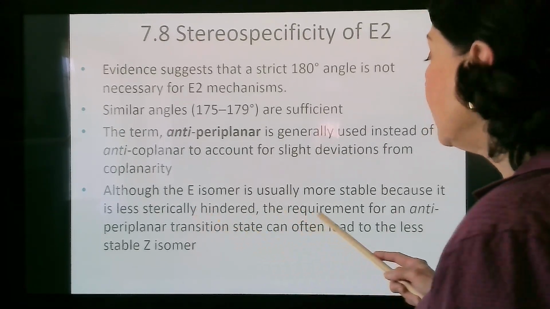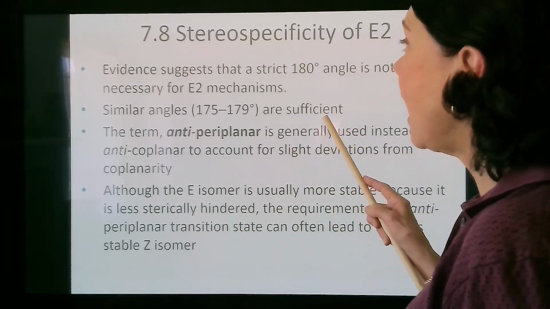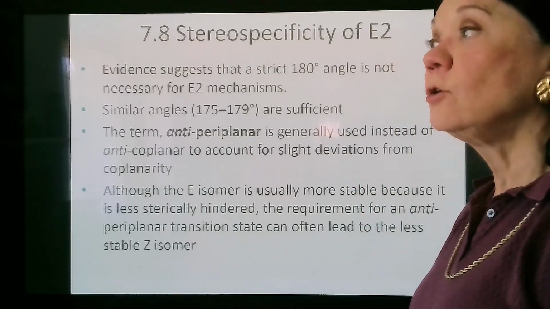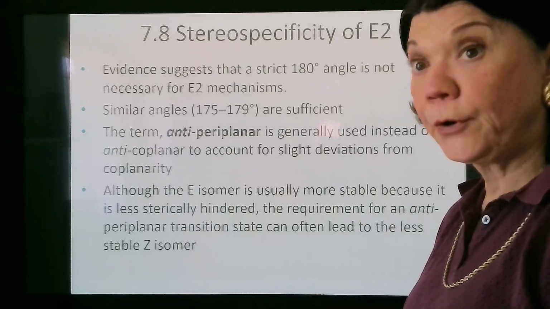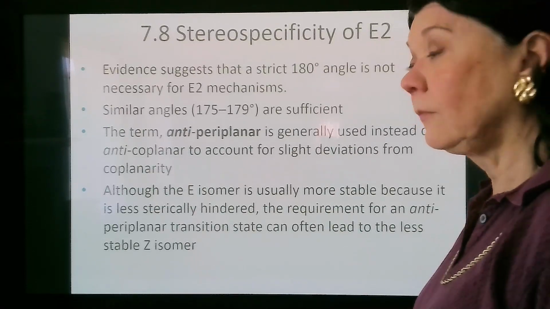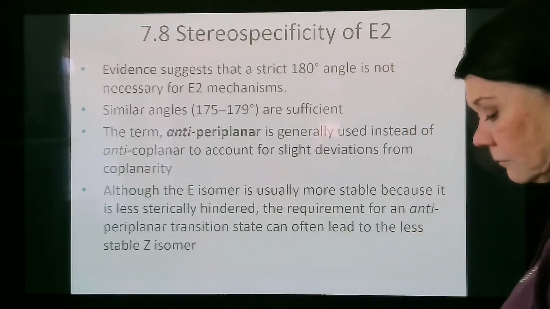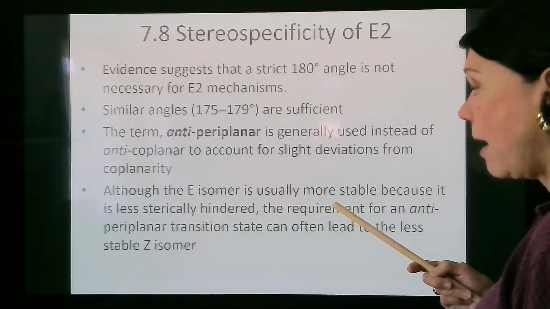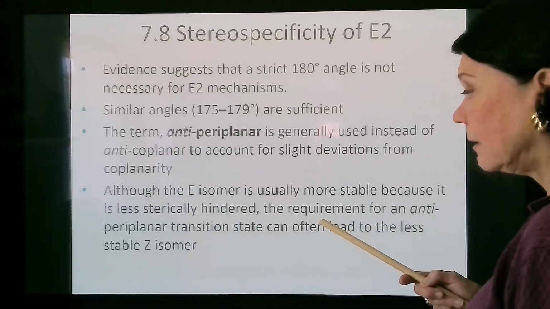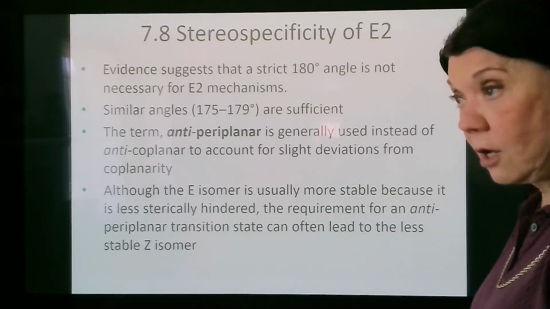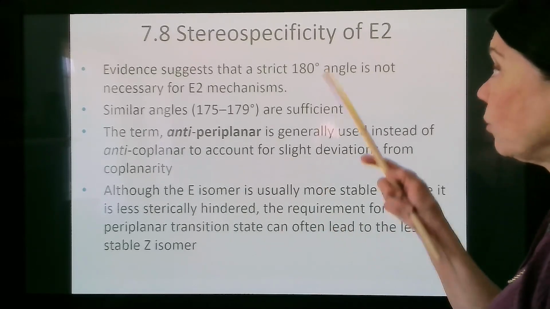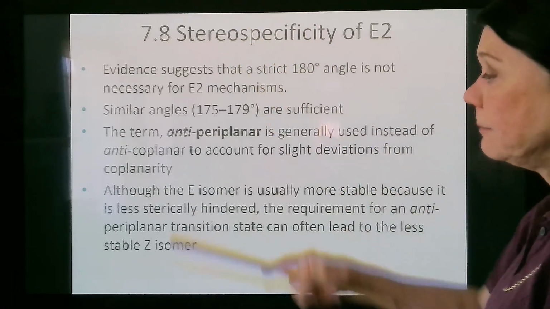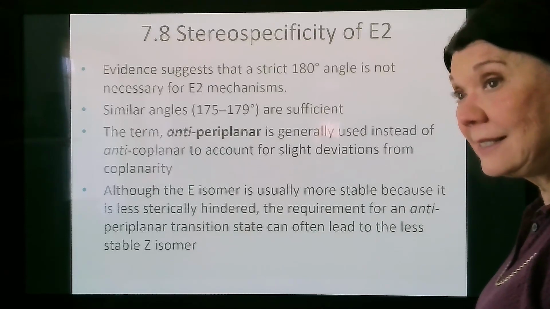So this concerted reaction will not always lead you to the more stable product. And here we're talking about Z and E. We're not talking about the regiochemistry. Remember, we're talking about stereospecificity. This is the stereochemistry. Z and E, cis and trans.